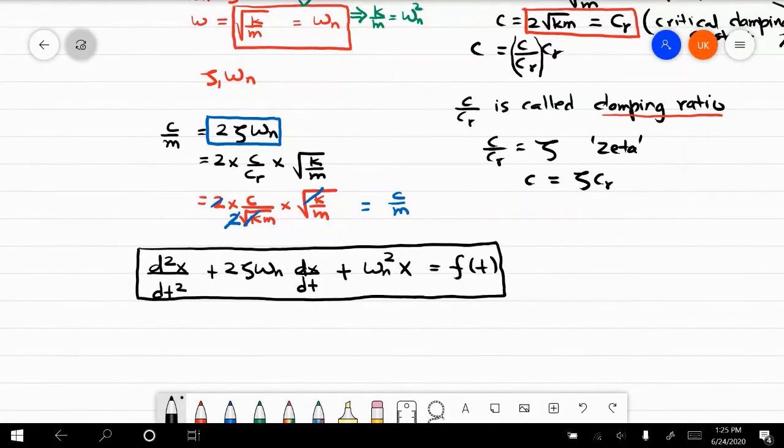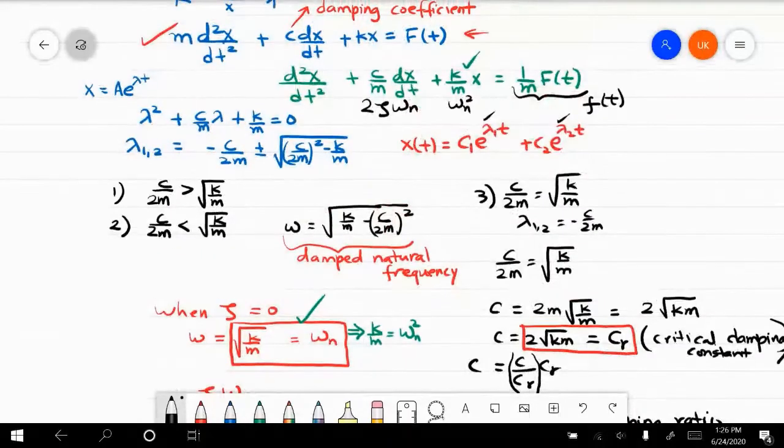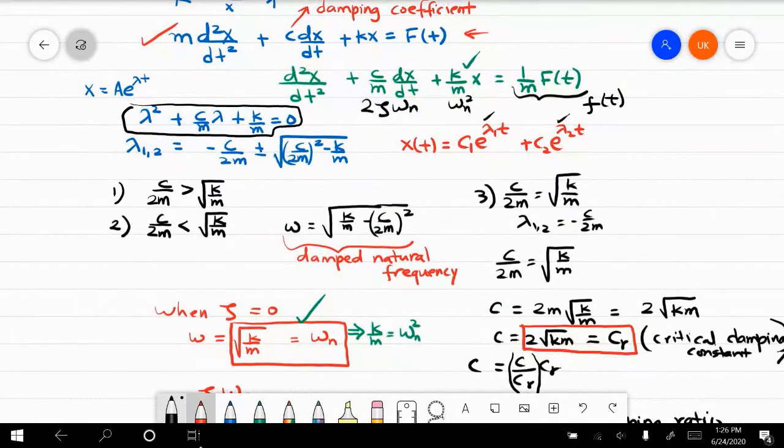So not just this equation, even now this characteristic equation can be written in terms of the damping ratio and natural frequency. So what was our characteristic equation? The equation containing lambda. This was the characteristic equation. So here also we can substitute. So instead of c over m, right, instead of c over m, we can write 2 times zeta times omega n. Instead of k over m, we can write omega n squared.